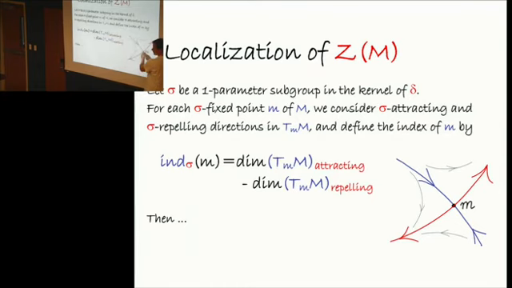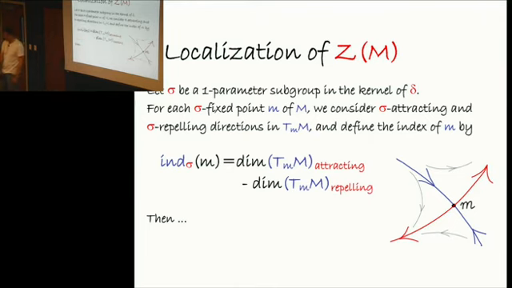I look at this fixed point, and it has some attracting directions and some repelling directions. I associate the index, which is the number of attracting directions minus the number of repelling directions. In this particular example, there was one attracting, one repelling, so the index equals 1 minus 1 equals 0. So if I have a one-parameter subgroup and a fixed point of it, then I have an index.